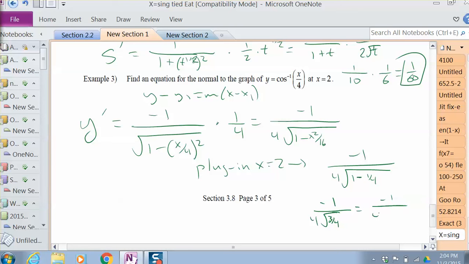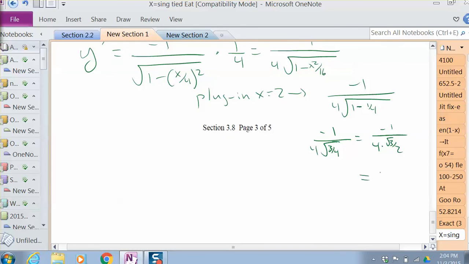Negative 1 over 4 times root 3 over 2. Negative 1 over 2 root 3. So the perpendicular slope, of course, is 2 root 3. So y minus something equals 2 root 3 times x minus 2.